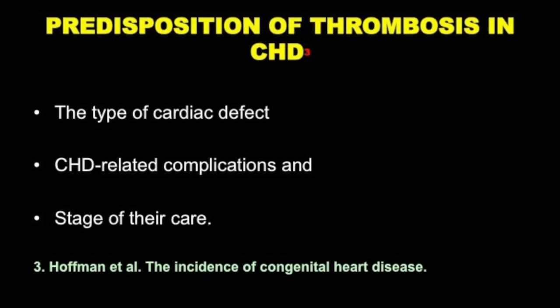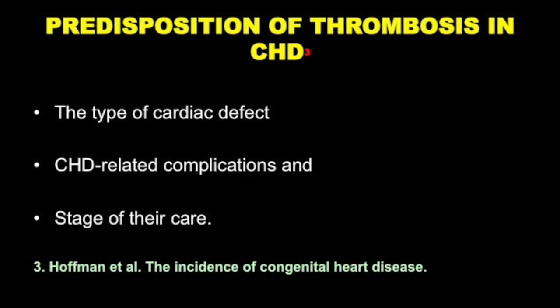So what are the predisposing factors for thrombosis in children with congenital heart disease? One is the type of cardiac defect that they have, and the congenital heart disease related complications. Usually they are taken in for surgery. Now, a child who had TOF would have benefited from a palliative shunting, I just forgot the name, and the stage of care.